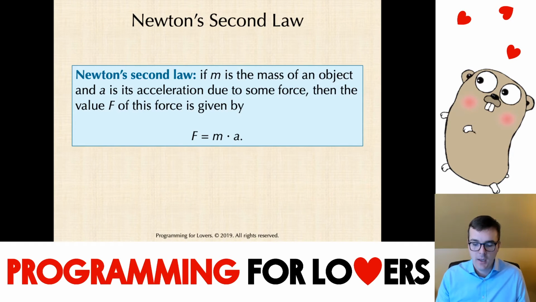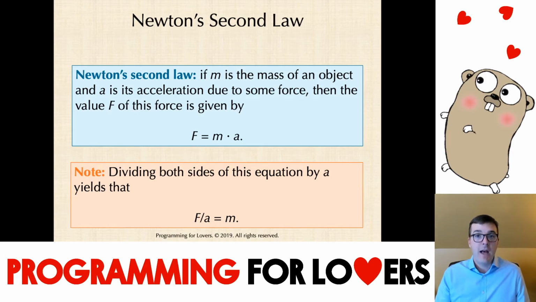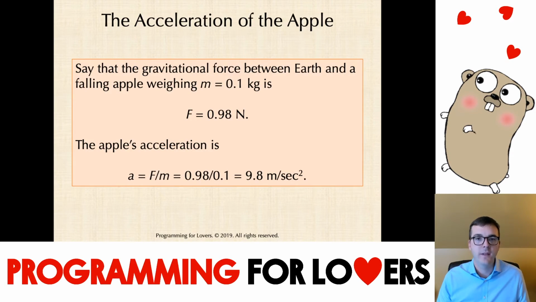All right. The other thing I would point out to you is that if I divide both sides of that equation and solve for the mass, then the mass is the force over the acceleration, and that will help us understand the quandary of how an apple and the Earth pull on each other with the same force.